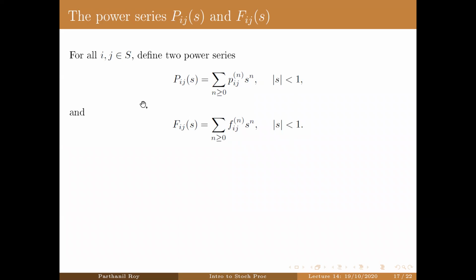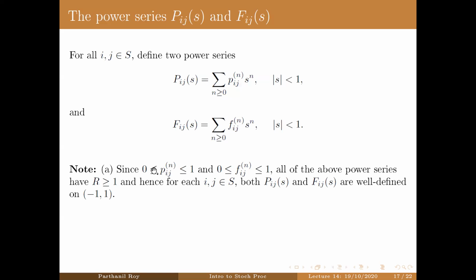Okay, now we'll define two power series. For two states i and j, we define the power series P_ij(s) and F_ij(s) as follows. P_ij(s) is the power series corresponding to the sequence P_ij^n, and F_ij(s) is the power series corresponding to the sequence F_ij^n. Now note that since both are probabilities, they are between 0 and 1.